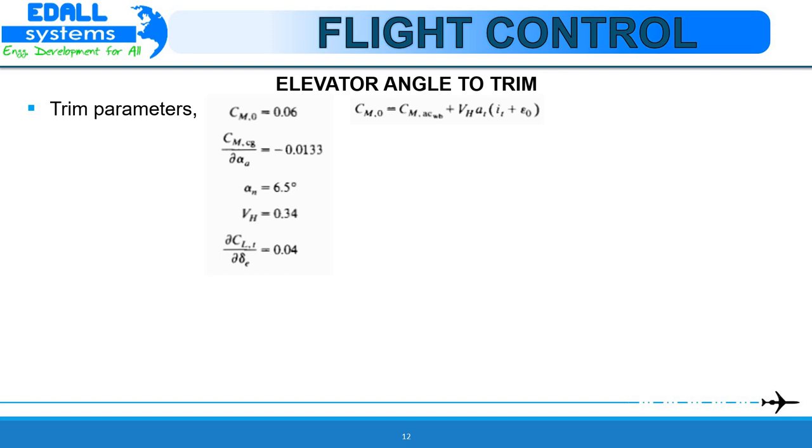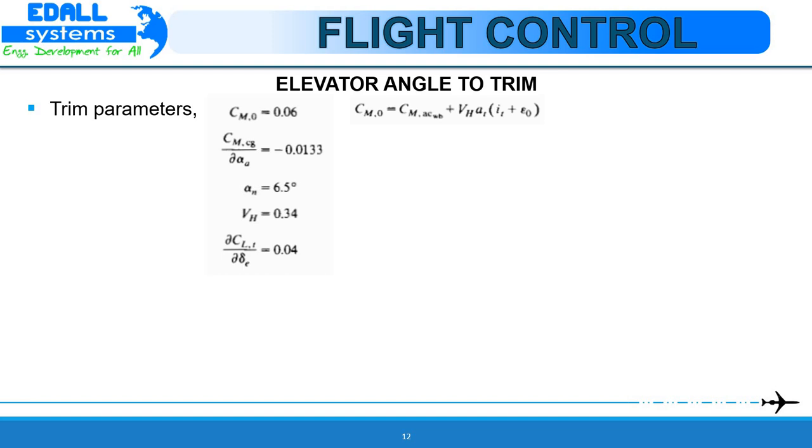The Cm0 is equal to Cm of the aircraft wing body plus Vh, the tail volume ratio, into lift slope of tail into IT, the tail setting angle, and E0 is the downwash angle.